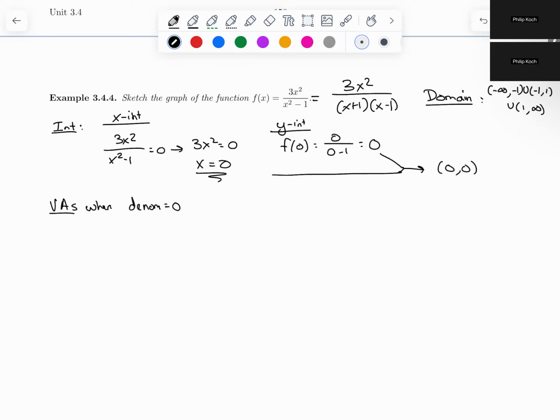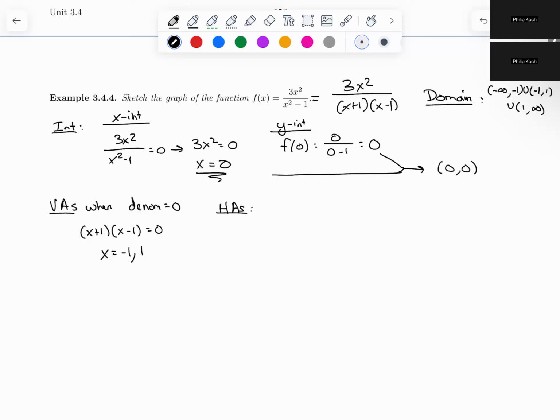And then we also have to find HAs, horizontal asymptotes. Technically speaking, if you remember from 126, you look at the degrees to figure it out. But we can also do it with calculus, by doing the limit as x approaches positive infinity of 3x squared over x squared minus 1.